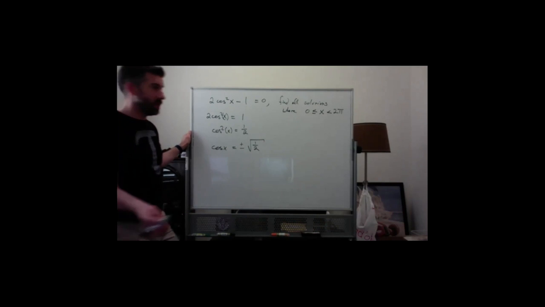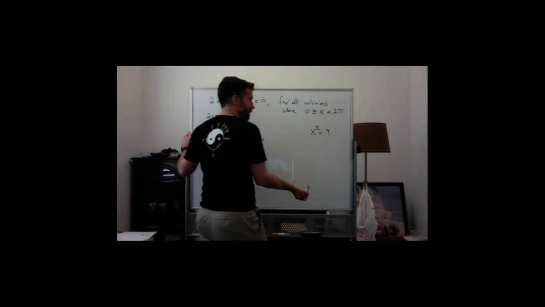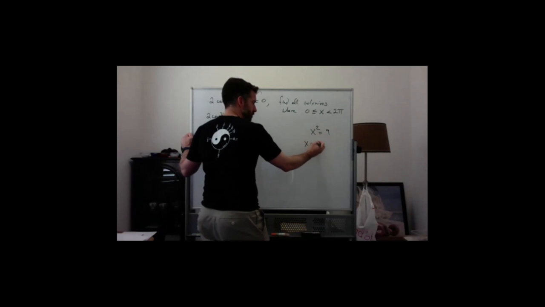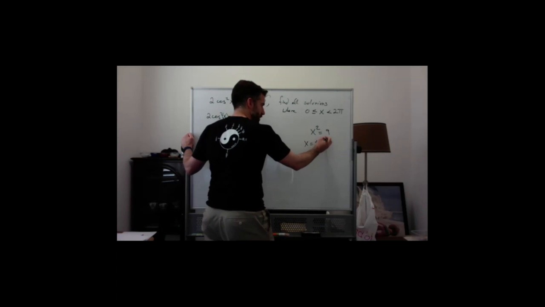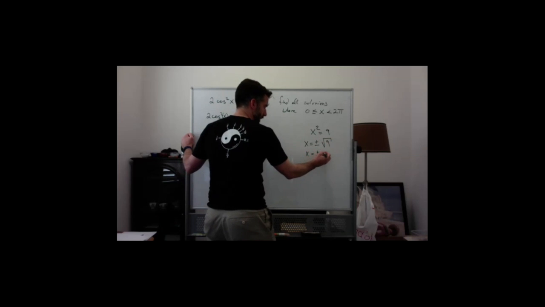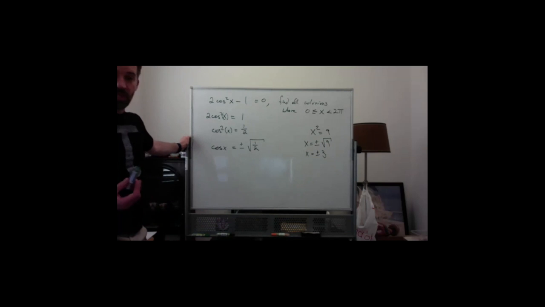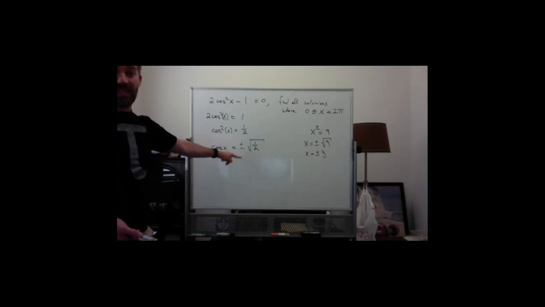Just like when you solve x squared equal to 9, you get x equal to plus or minus the square root of 9, which is plus or minus 3. Whenever you're solving something squared equals a number, you're going to get a positive and a negative answer.